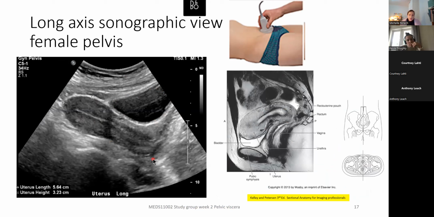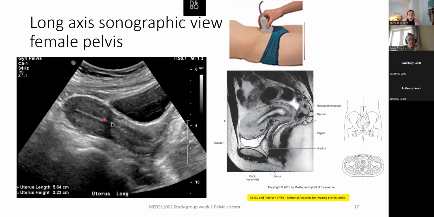And then we have the uterus here. So we have the probe on the anterior abdominal wall. So this is anterior. This is towards the head because this is a long axis image. And this is towards the feet, and this is posterior. So this here is going to be the region of our rectum and bowel here.